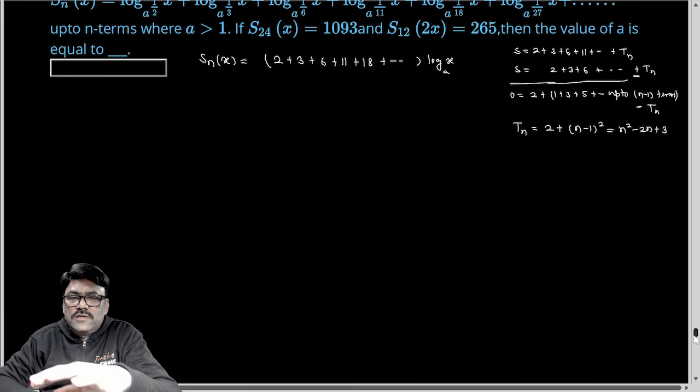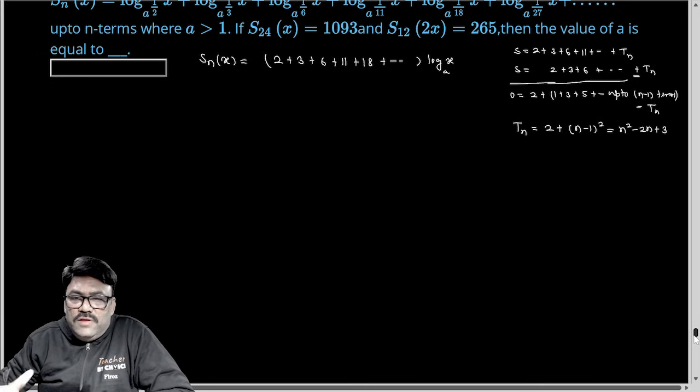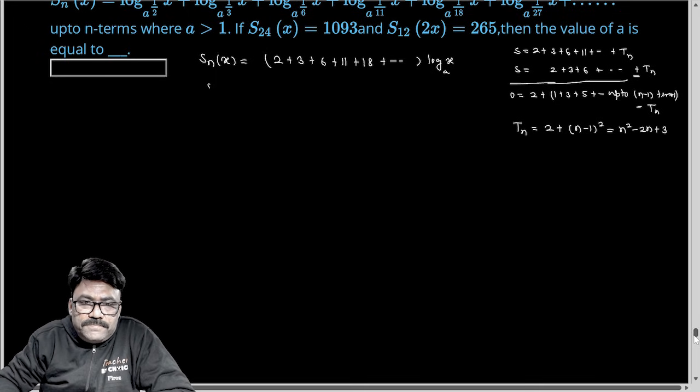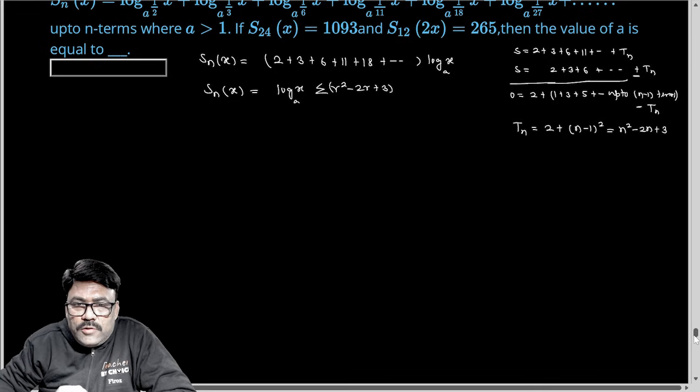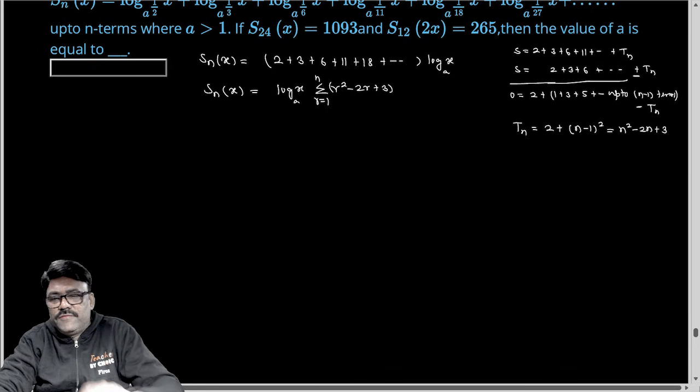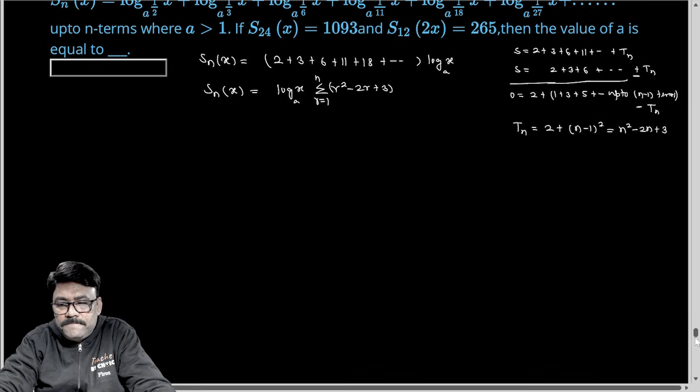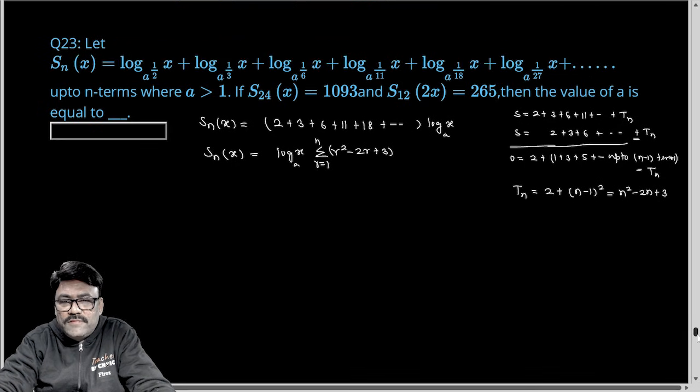So you can say that this sum Snx can be written as sigma of log x with the base a, times r square minus 2r plus 3, with r varying from 1 to n. So it can be written like this.